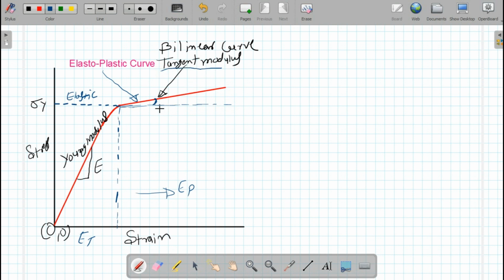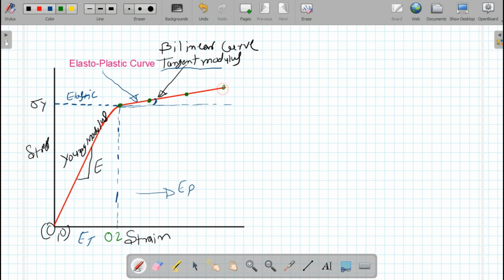So basically in elastoplastic, what will happen as you keep on increasing, for example, let's say I have 0.2 strain here, and let me go to this point.